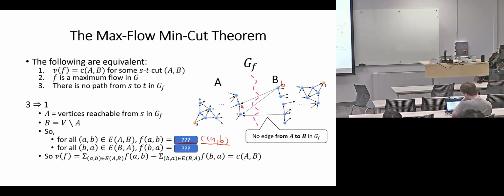This term, F here, is just C, which is exactly the capacity of the cut. So we complete that 3 implies 1. If there is no path from S to T, then you can find a cut AB such that the value of the cut is exactly the same as the value of the flow.